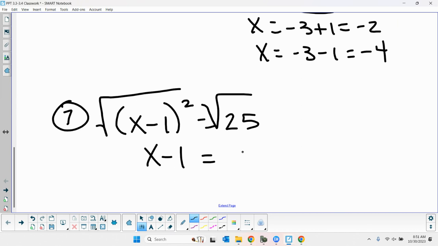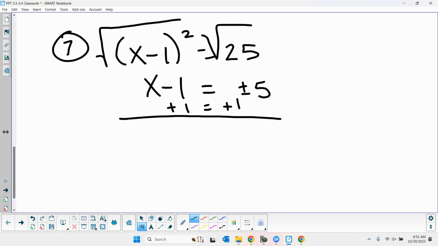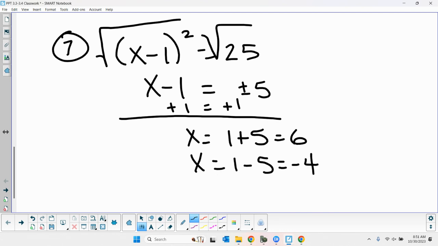Equals 5. Yeah, don't forget plus or minus 5, right? So then we're going to take the 1 over. So we've got two answers again, 1 plus 5 and 1 minus 5. So +6 and -4.